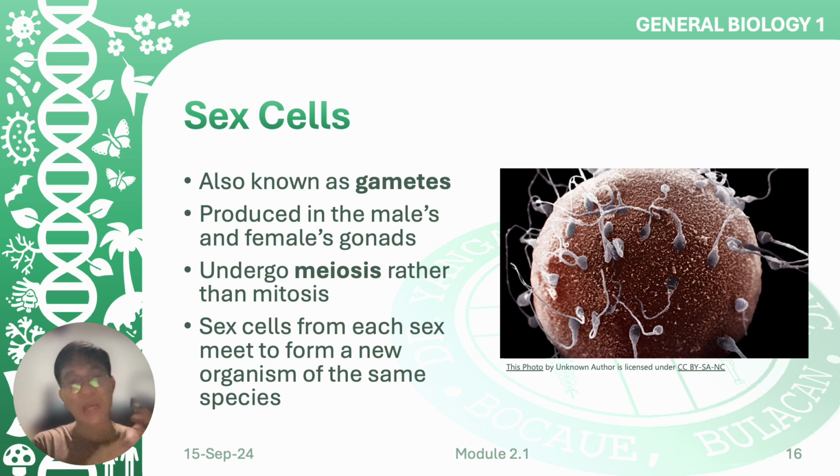From the zygote, all of the cells of the body will arise. At the same time, sex cells undergo meiosis rather than mitosis. I hope you can still recall the lessons you learned from junior high school on cell division. When we say meiosis, it's the division of cells resulting in new cells that have half the number of chromosomes as their parent cells.